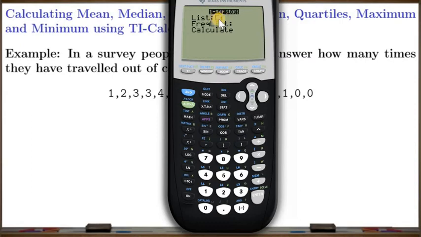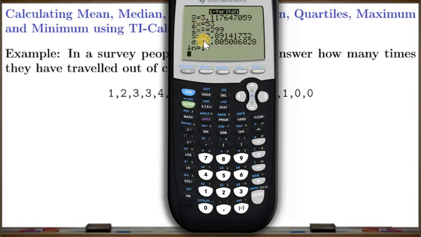So that's what we have here, which is good. If we had entered our data values in list 2, this list should be list 2. Or if we have entered the data values in list 3, then this list should be list 3. So now come down here and select enter.